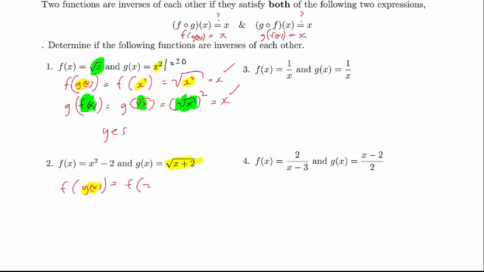So f of the square root of x plus 2, just like that. In here we've got the square of a square root, so it becomes x plus 2 minus 2. And what are we left with? We're left with x. Great.